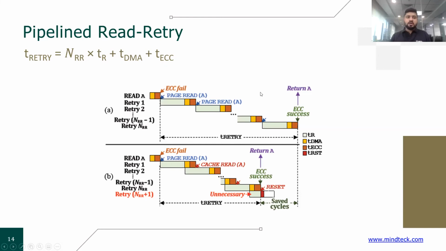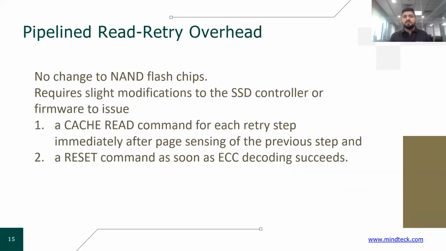Now the question comes: we are seeing the positive side and saying that this much latency is saved, but what is the overhead of using this mechanism? The overhead will not be on the NAND flash chip, and this mechanism is far better than the existing read-retry mechanism.